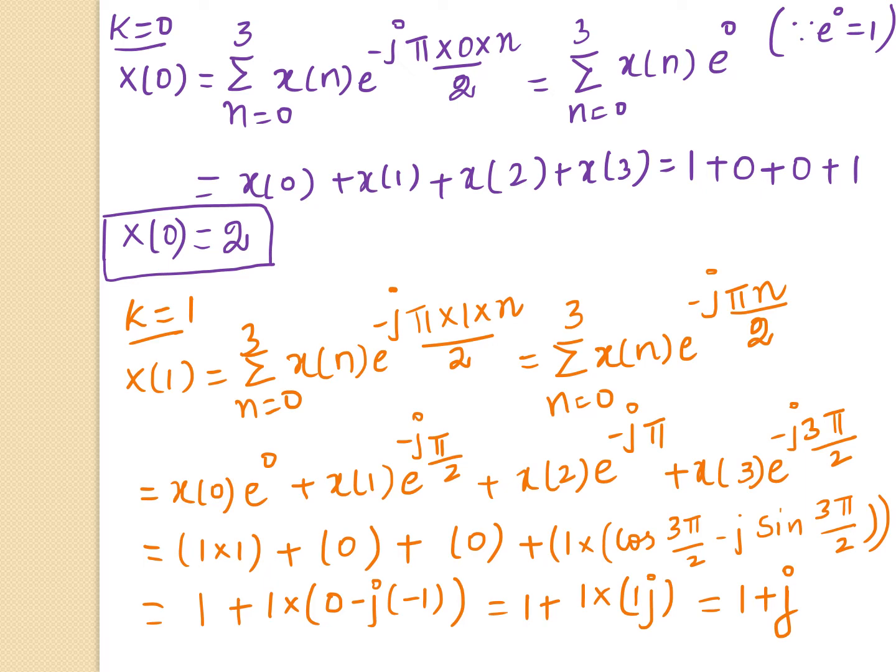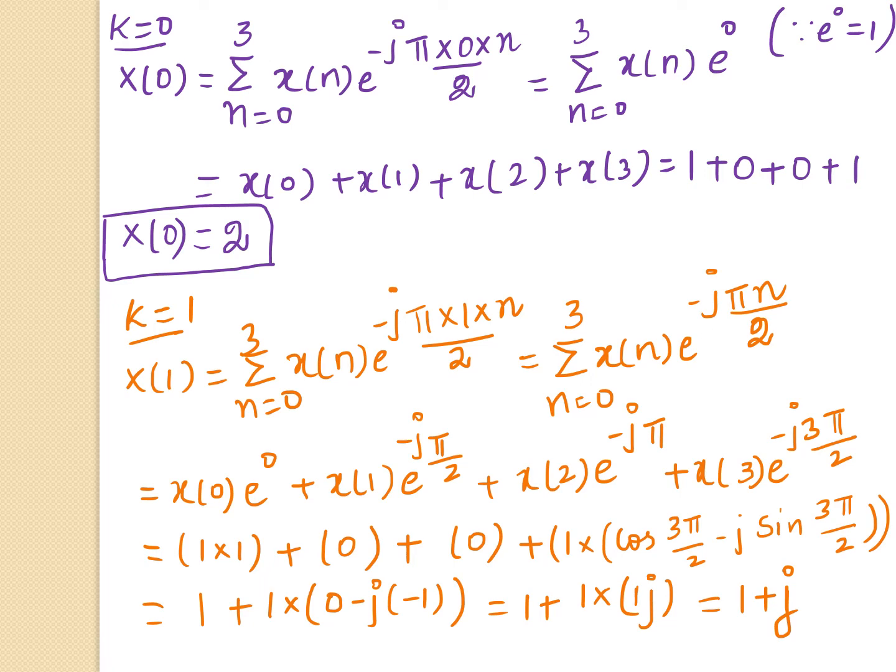And you can expand this summation, so that you will be getting x of 0 into e power minus j into pi into 0 by 2, so it's e power 0, plus for n is equal to 1 x of 1 into e power minus j into 1 into pi by 2, and x of 2 into e power minus j pi into 2 by 2. You can cancel 2 and 2, so that you will be getting e power minus j pi. For 3, it is x of 3 into e power minus j pi into 3 by 2, so that you will be getting e power minus j 3 pi by 2.